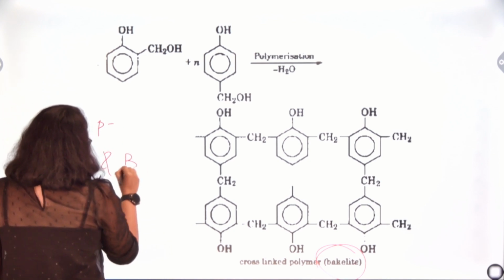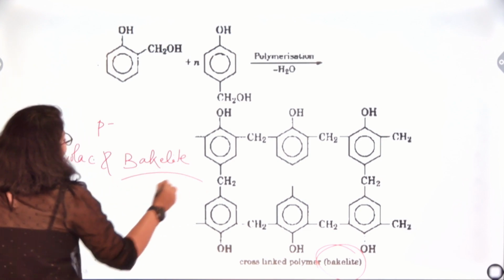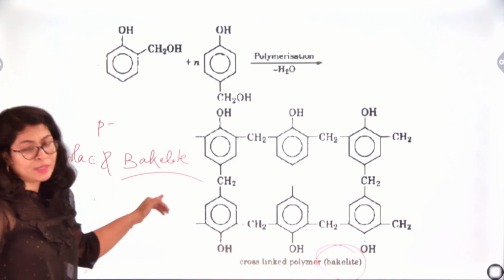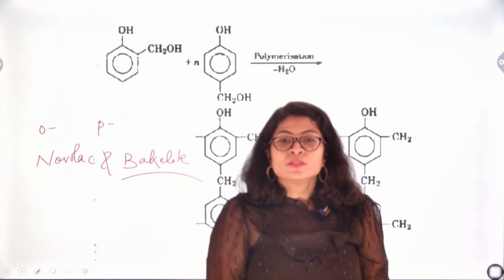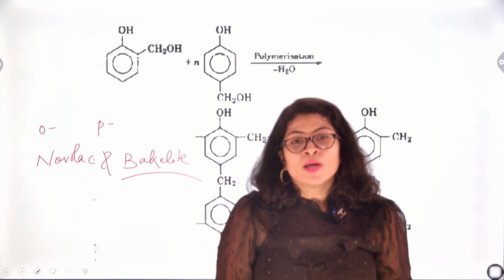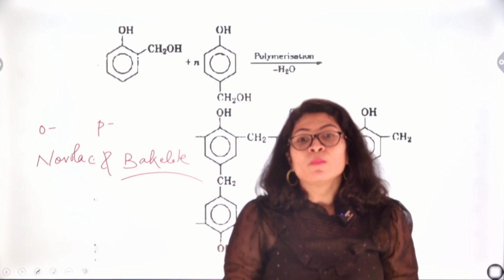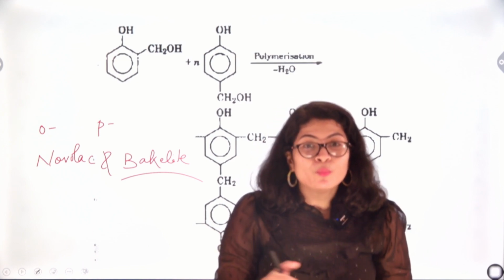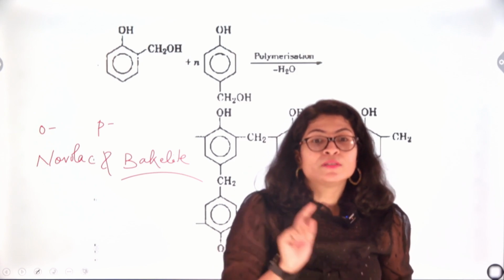So if I compare novolac and bakelite, how can you imagine the difference in strength? Obviously, novolac is a straight linear chain polymer, while bakelite is a cross-linked polymer. Cross-link means there is the presence of an additional bond, and that additional bond adds to the strength of that substance, right?